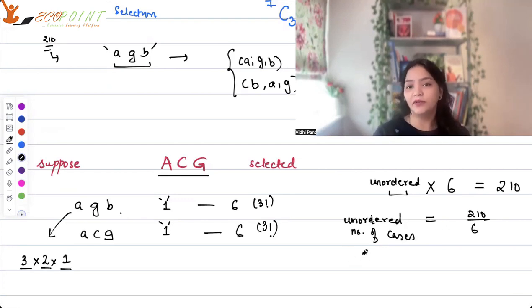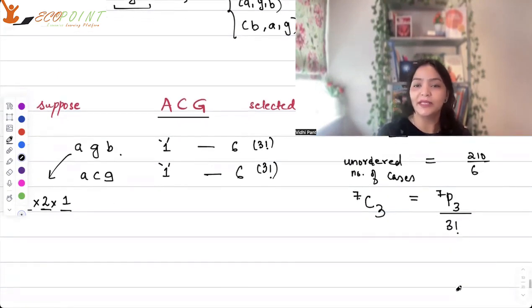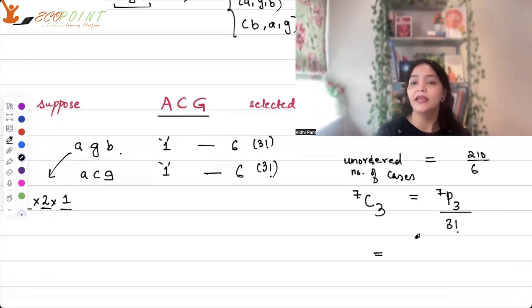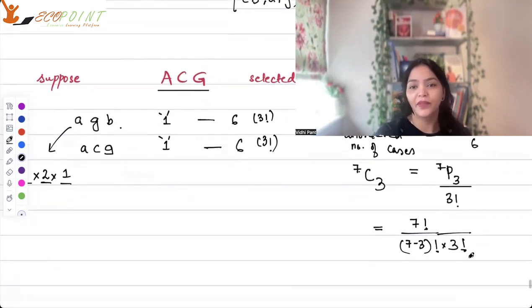सो अनऑर्डर्ड नंबर ऑफ केसेस, दैट मीन्स 7C3, क्योंकि C क्या है, अनऑर्डर्ड नंबर ऑफ केसेस, is equal to 210 upon 6. क्या था? 210 was the permutation, so it was 7P3 अपॉन 6, यानी कि 3 फैक्टोरियल. तो बेसिकली हमें क्या फॉर्मूला मिल रहा है यहां से, 7P3 क्या था, it was 7 factorial upon 7 minus 3 factorial. अब नीचे डिनोमिनेटर में 3 फैक्टोरियल भी आ गया.